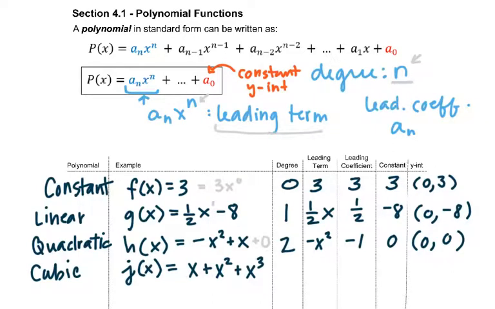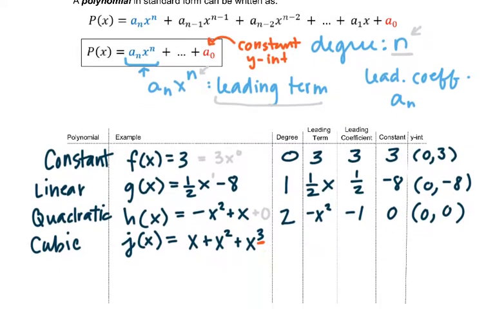So I've written j of x equals x plus x squared plus x cubed. So they're not always written in descending order. And I want you to notice that the x cubed actually shows up here at the end. And we could rewrite this.